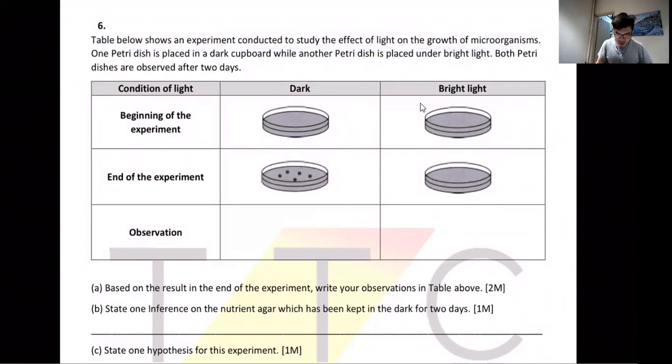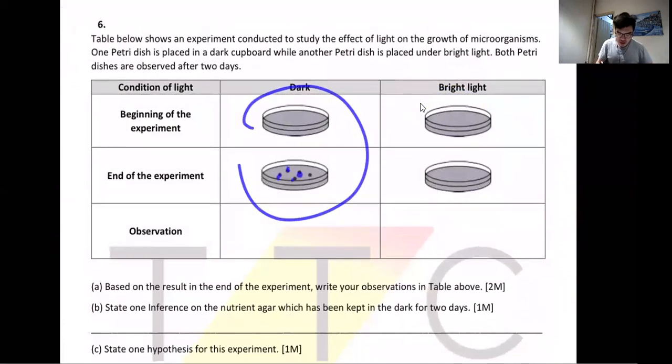So as you can see, under bright light, there's no growth. Under dark, oh, this thing grows, you see, there are like spots on it. So as I said, usually fungi and bacteria, they don't like sunlight or any light for that matter, they just don't grow well. Unless they have chlorophyll, that's another story. But usually they don't grow well.